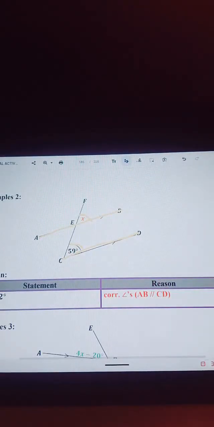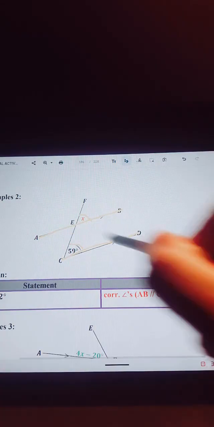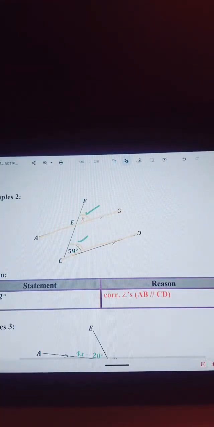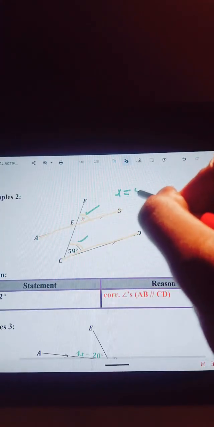And then indicated as well is 59 degrees, which is on top of the parallel line CD. So what we can then say is that this 59 degrees and that X are top, top, same position. These angles are corresponding. But then we can conclude that X is equal to who?